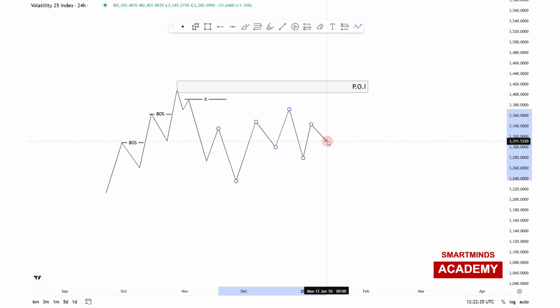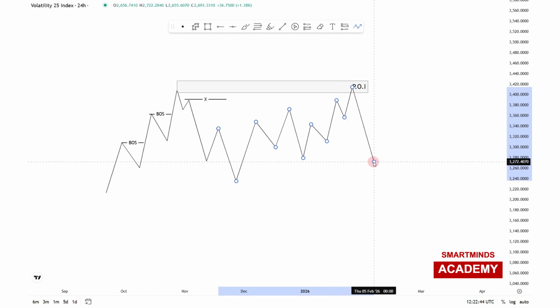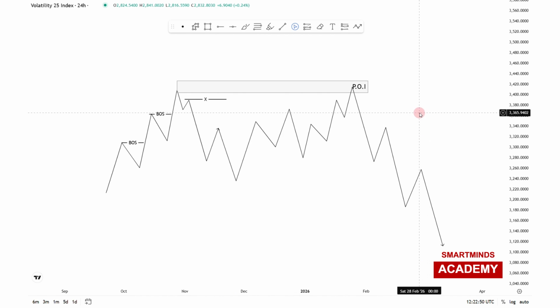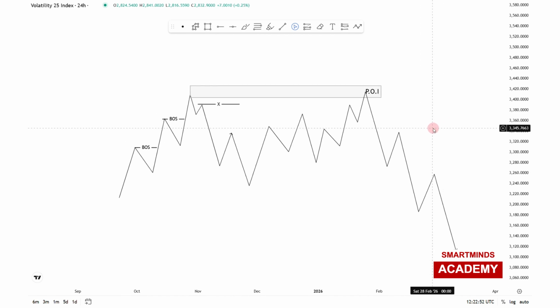But basically what you're looking for is, at the end of the day, the price is to come in and mitigate your point of interest before it can keep up with the push to the downside. This is one common smart money concept setup that you're going to come across.